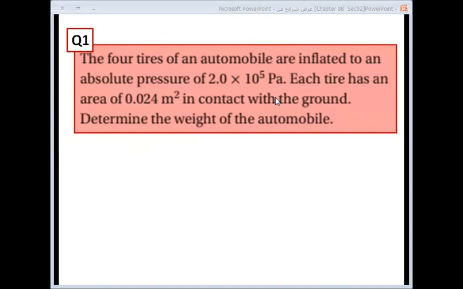Each tire has an area of 0.24 meters squared in contact with the ground. Determine the weight of the automobile.